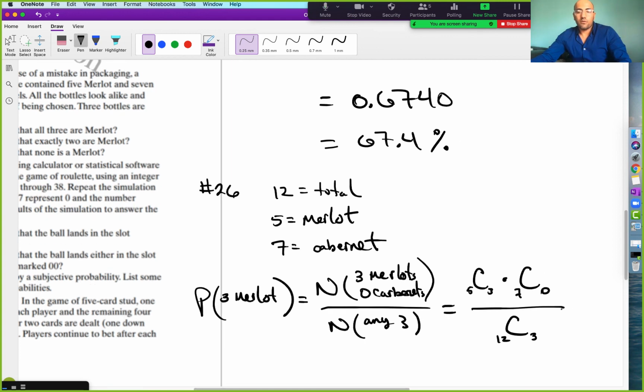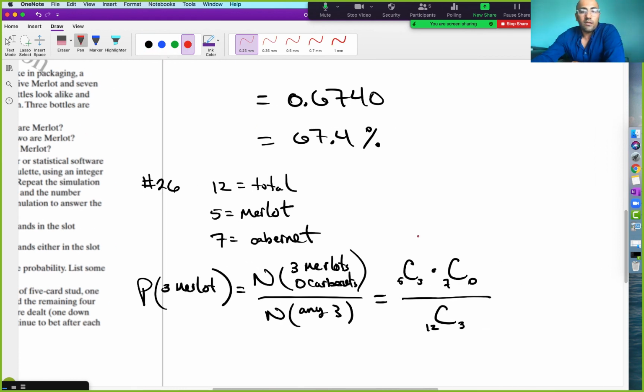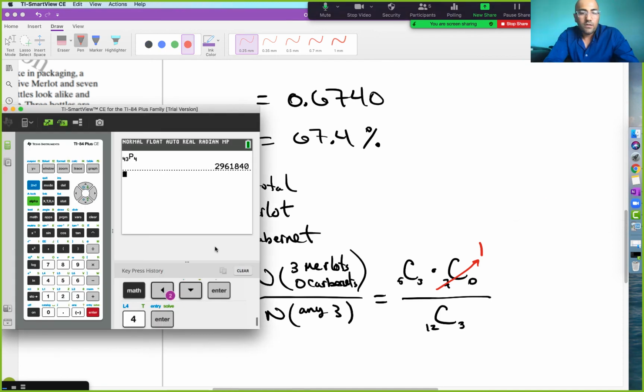Okay, so 0 out of 7, we know that's an easy answer. That's just going to be 1. How many ways are there to not pick any of the Cabernets? There's only one way to do it. Just don't pick any. The other 2 might require a little calculator work. So let's figure that out.